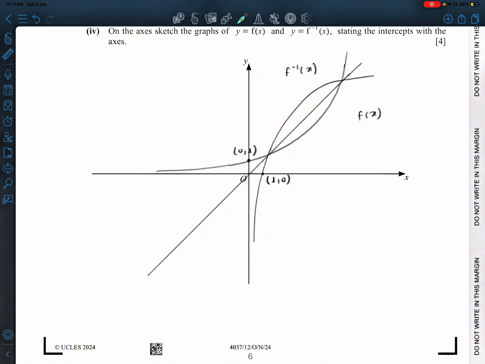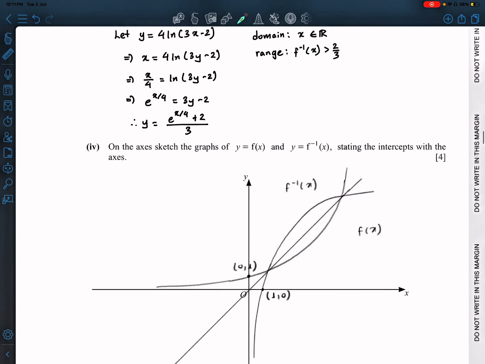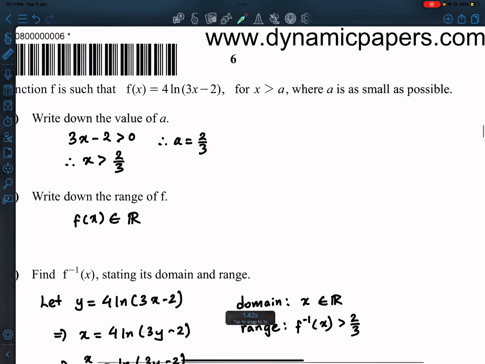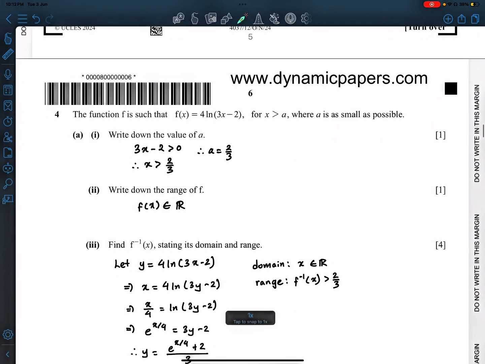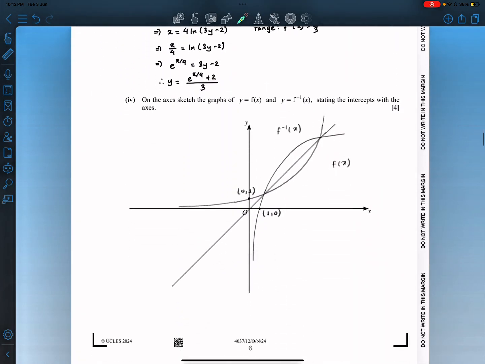And to find out whether f of x intersects with the y equals x line, we can do a simple calculation using a calculator. So for ln x thrice x minus 2 equals x, we can input this in our calculator, and then you can use the calc solve function to find the intersection points.